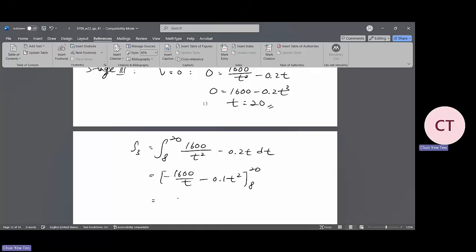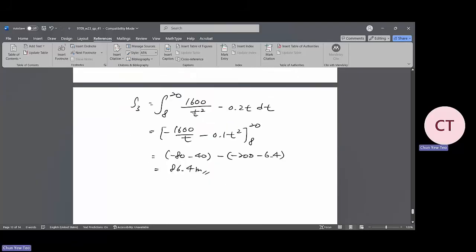Just like that. Then you press the calculator, you get negative 80 minus 40 minus negative 200 minus negative 6.4. Press the calculator, you get 86.4.